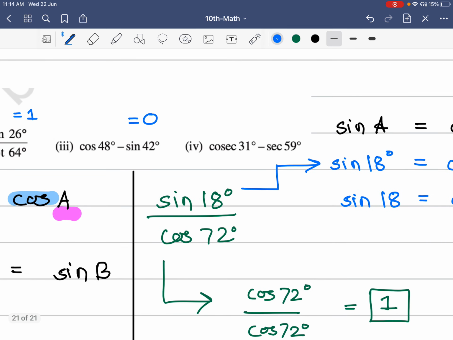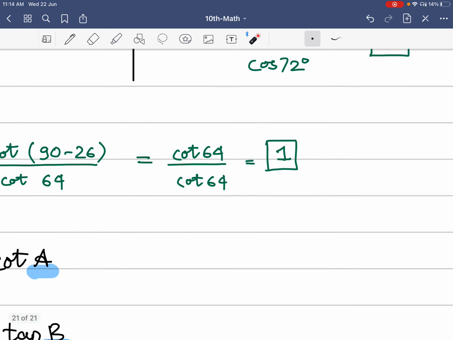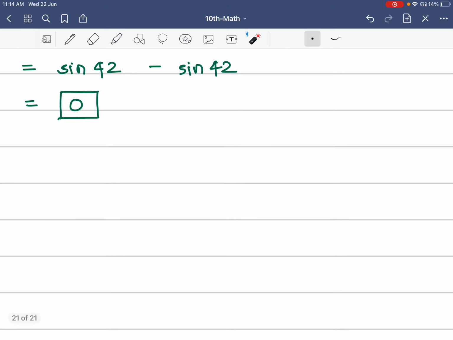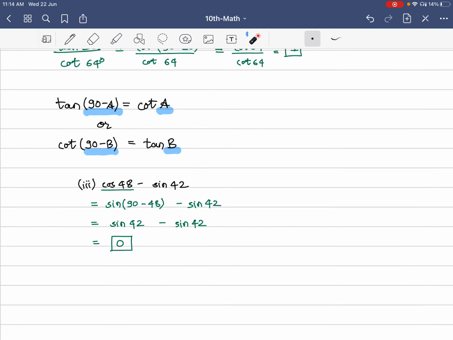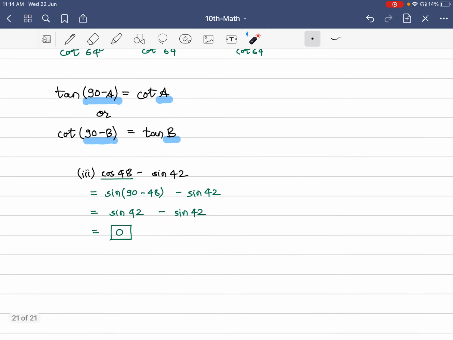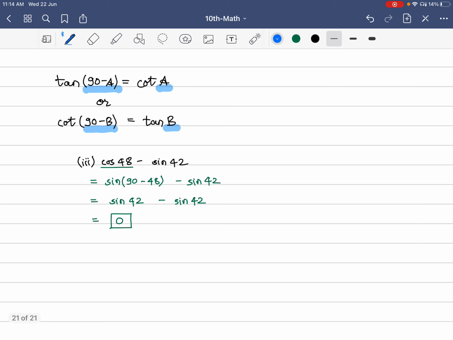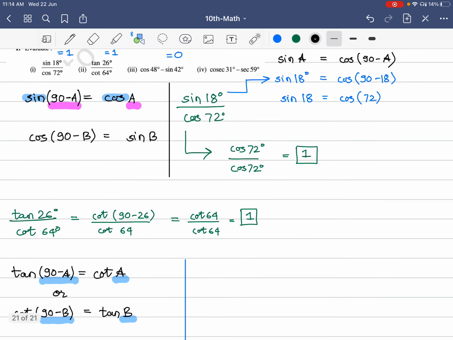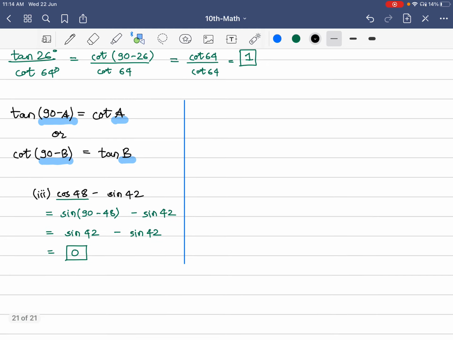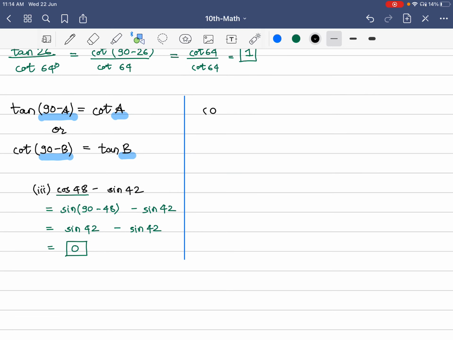Now we have the fourth and last expression, which is cosec 31 minus sec 59. So let's bring it down here.